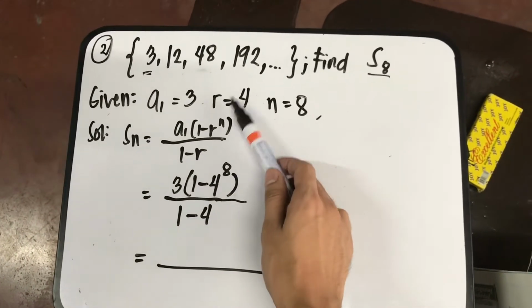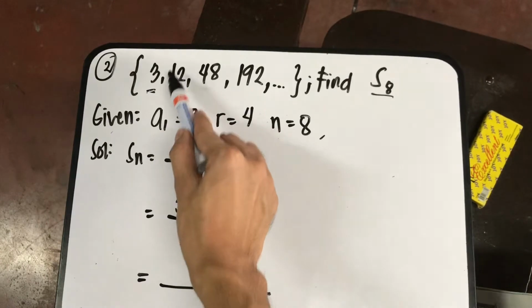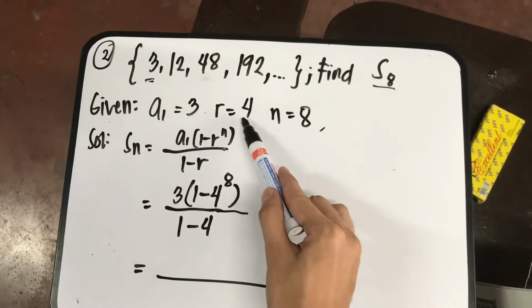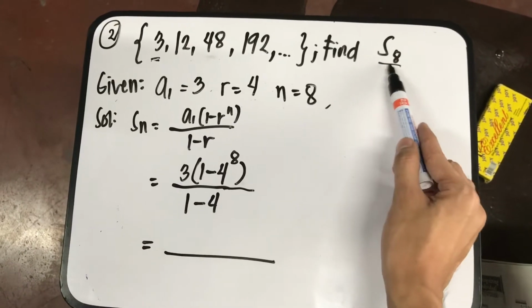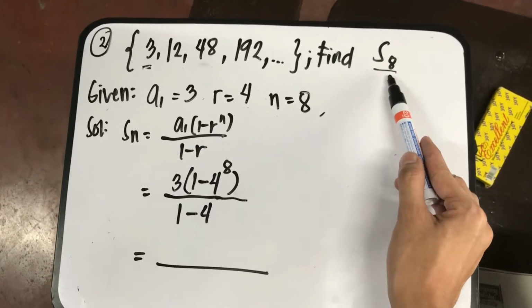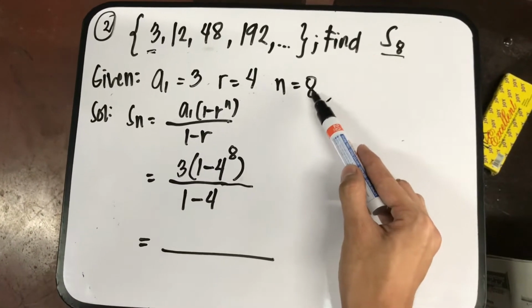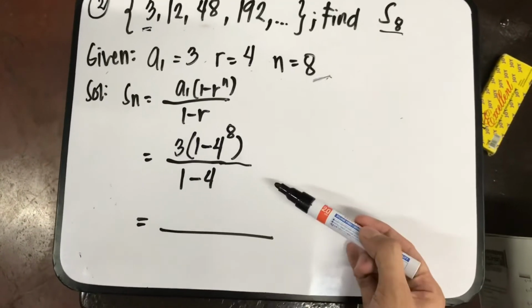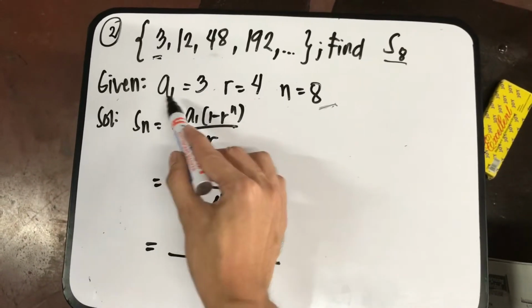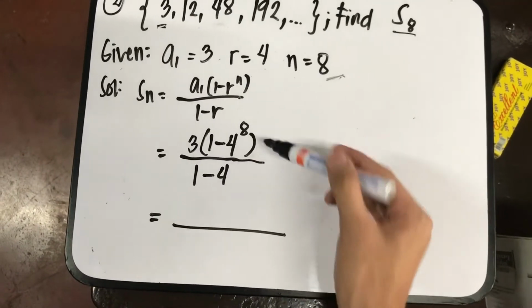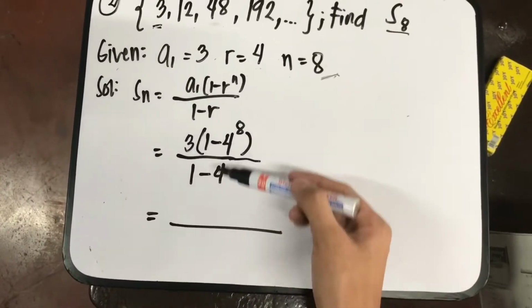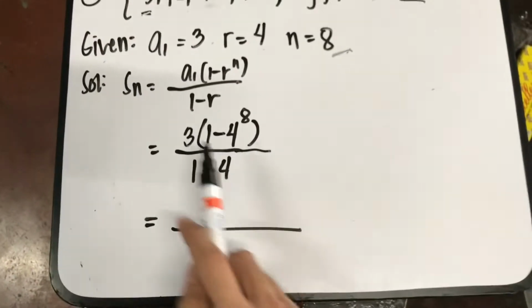The common ratio is 4 dahil if we are going to divide 12 by 3, that is 4. Diba? And our n, since we are looking for the S sub 8 or the sum of the 8 terms, it means 8 is our n. Now, if we have this given, isa-substitute na lang natin siya sa ating formula. Substitution lang.